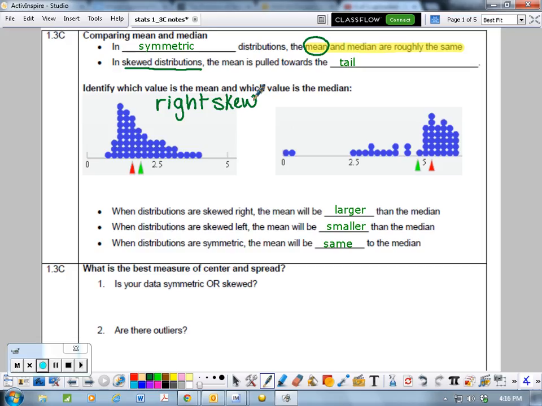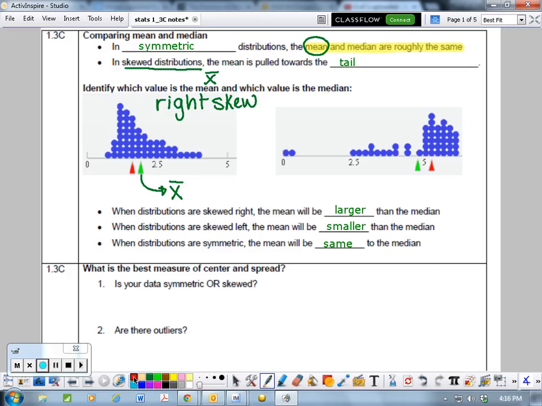Now, the one that goes towards the tail, because it's skewed, is going to be our mean. We use this symbol for the mean of a sample. And so this value right here is going to be the mean, because it's the closest one to the tail, and that skewness is pulling the mean towards the tail.